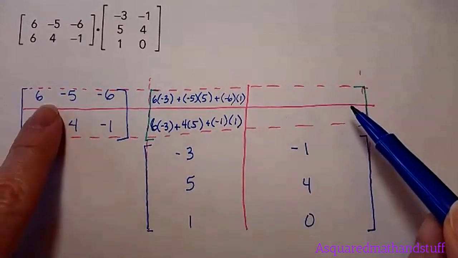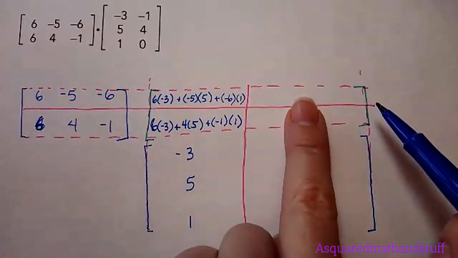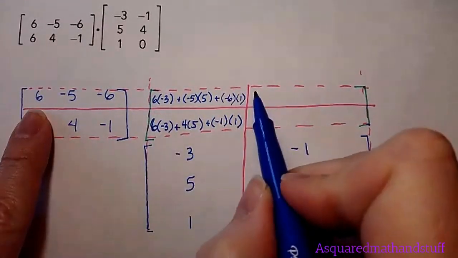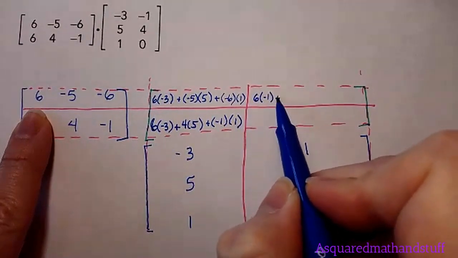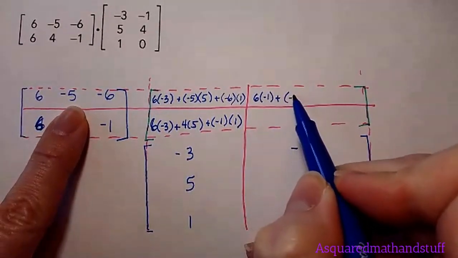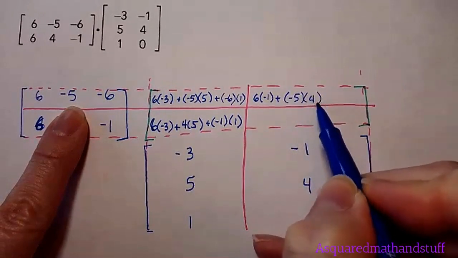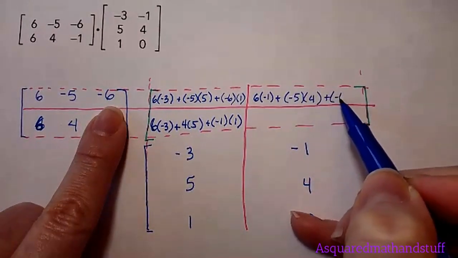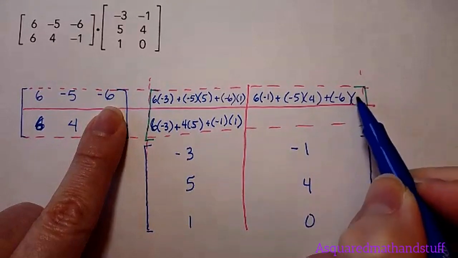And now jump up to row 1 and then column 2. 6 times -1 plus a -5 times 4 plus a -6 times 0.